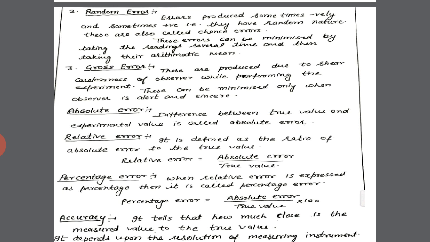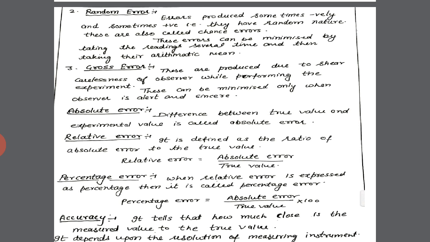Relative error is equal to absolute error upon true value. Percentage error: when relative error is expressed as a percentage, it is called percentage error, absolute error upon true value into 100. So till now we studied different types of error and their causes also.